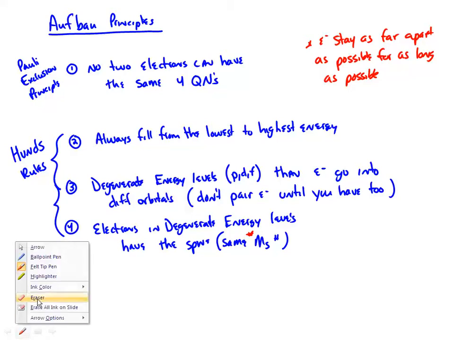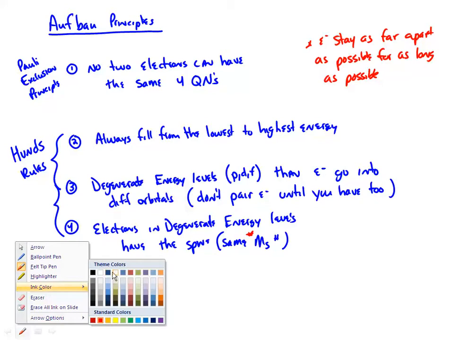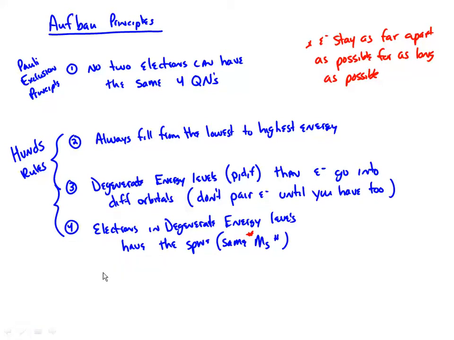So what we're going to do now is start building the periodic table. And one of the things that we're also going to look at is different ways to do this notation. So for each element, we're going to have a different way to write it. Okay, so we're going to have electron configurations.